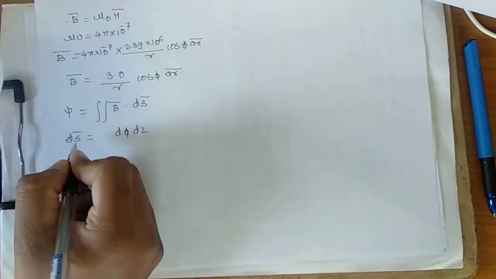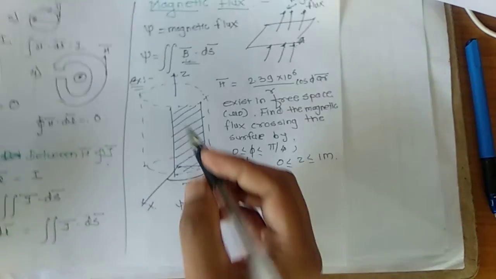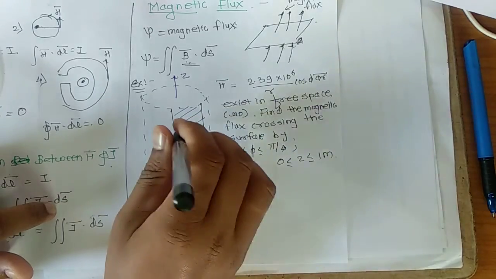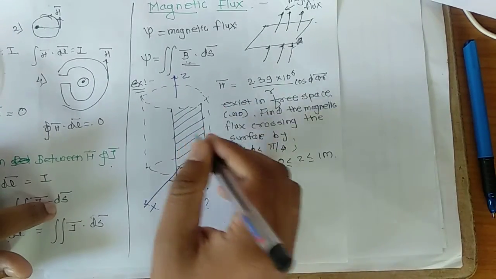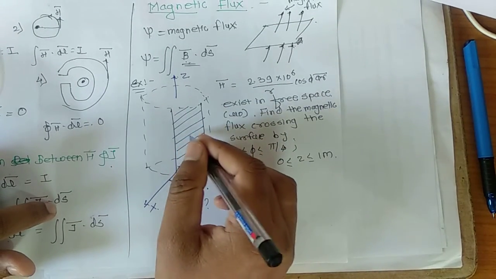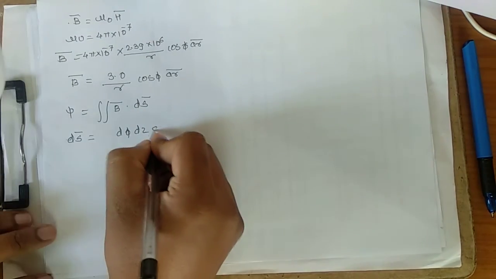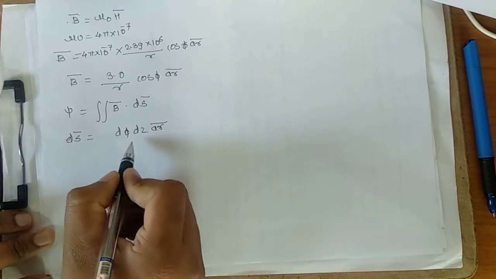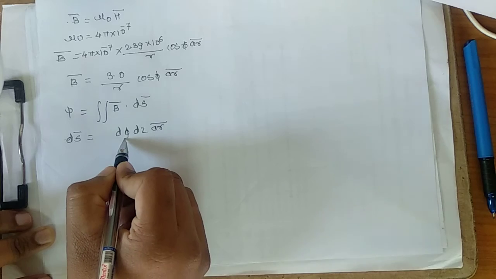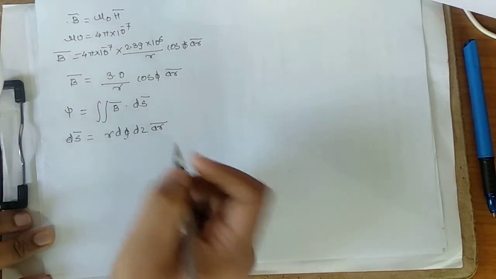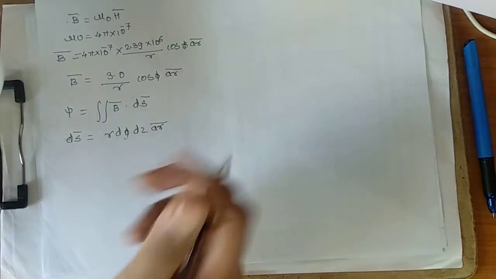In which direction does the unit vector point? The flux moves from the axis to the surface of the cylinder, in the direction of the radius, so it is AR bar. But when you take d phi, you also have to take the radius. So ds bar is R d phi dz AR bar.